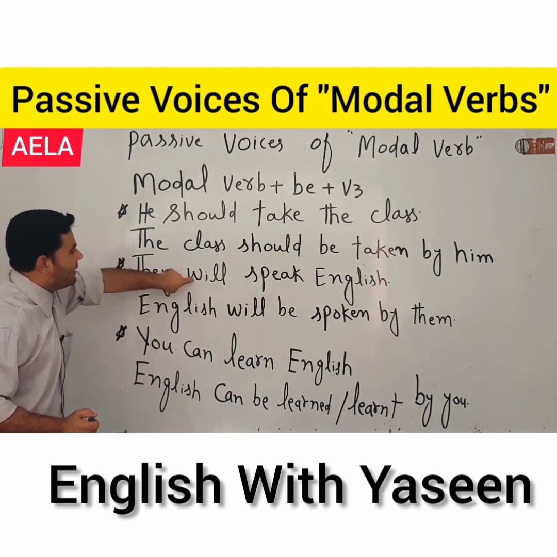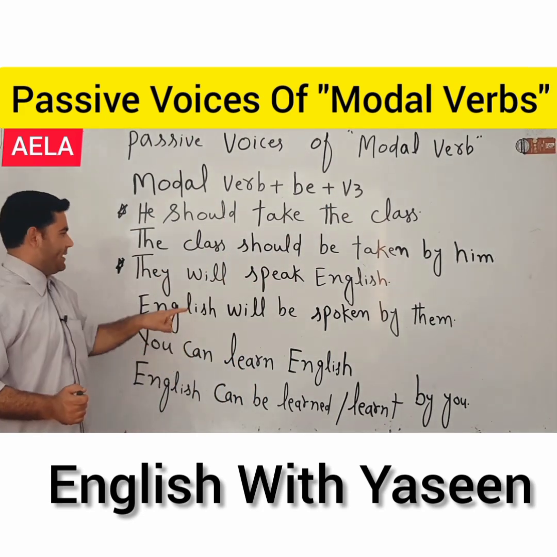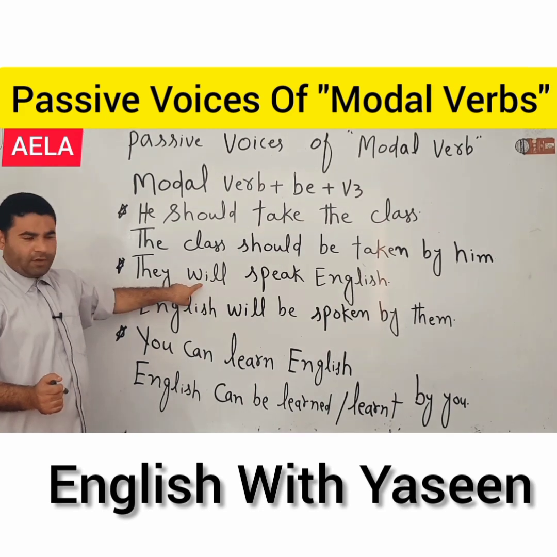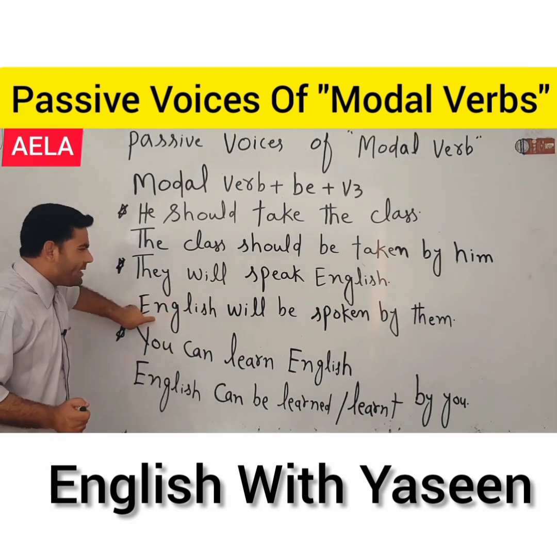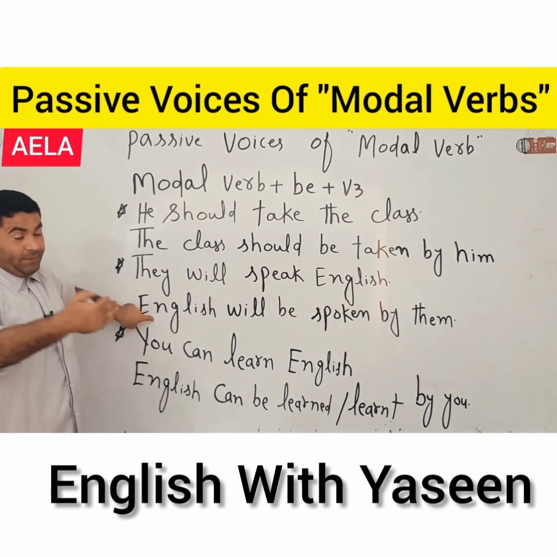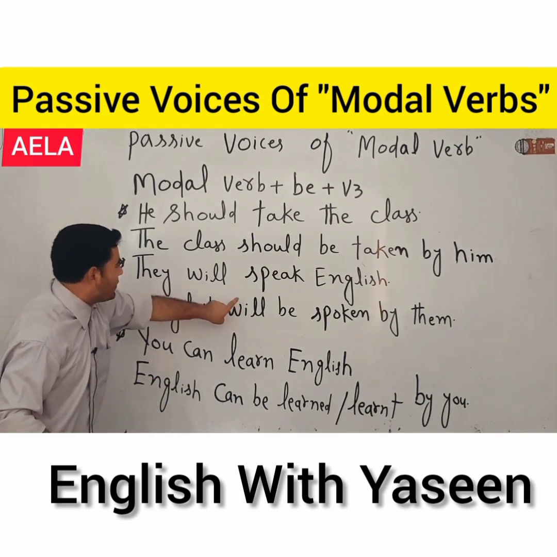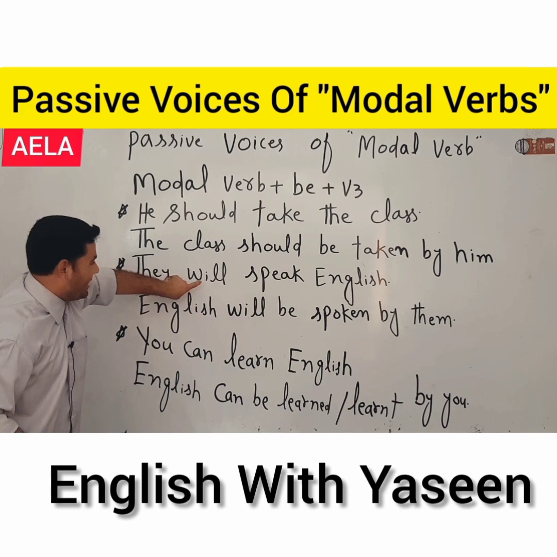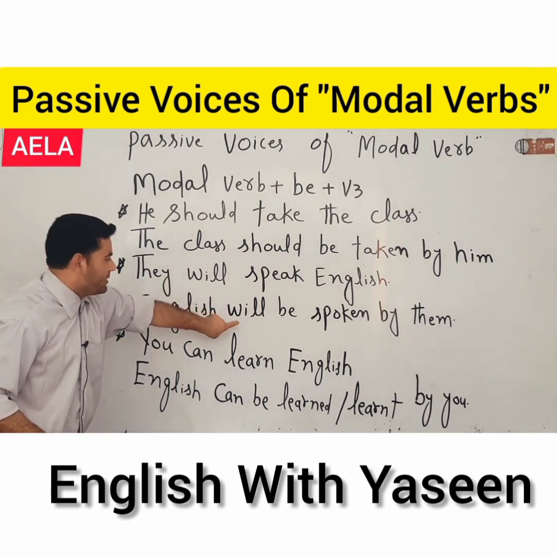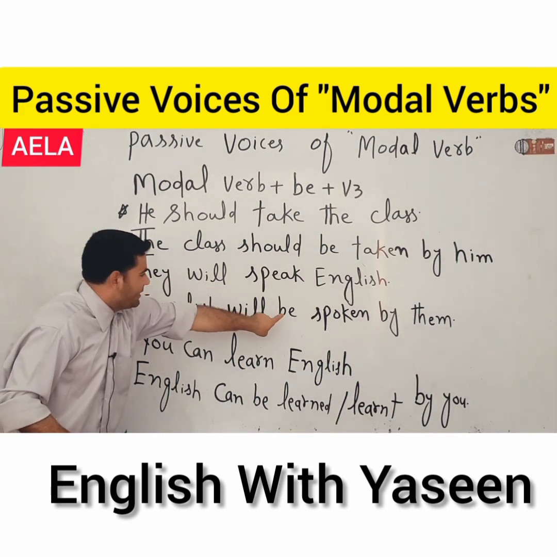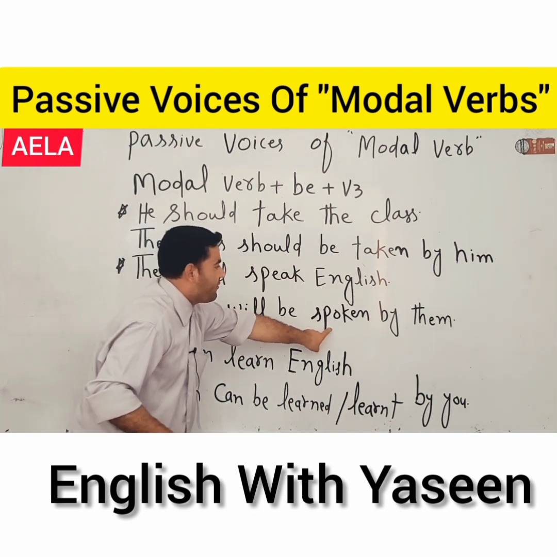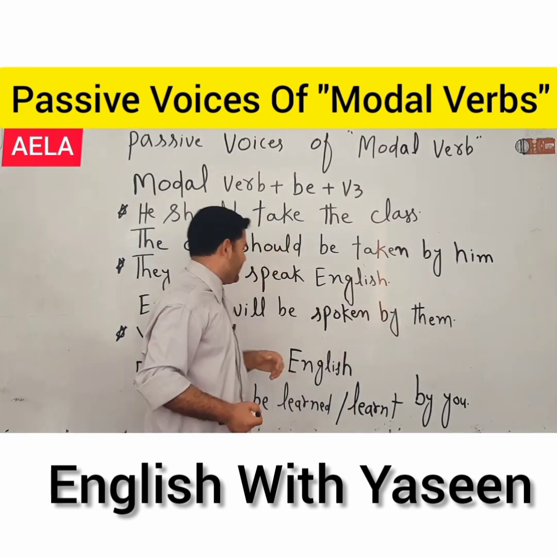In this sentence, will is the modal verb. English is the object, so obviously it will be in the beginning of the sentence. Then will is the modal verb that's been used in the active voice, so we use it in the passive voice also. Then we use be, then the third form of verb, and then by them.